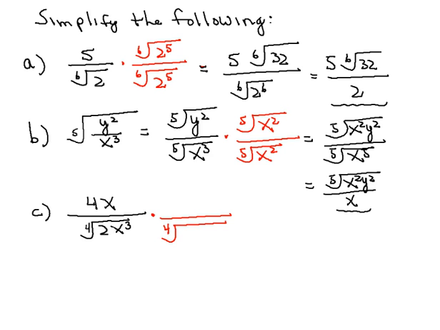And the smallest such power, of course, will be 4. So on the 2, we have 2 to the first. So we would then need to multiply by 2 to the 3rd power to produce 2 to the 4th. And for the x cubed, all we need is another x.